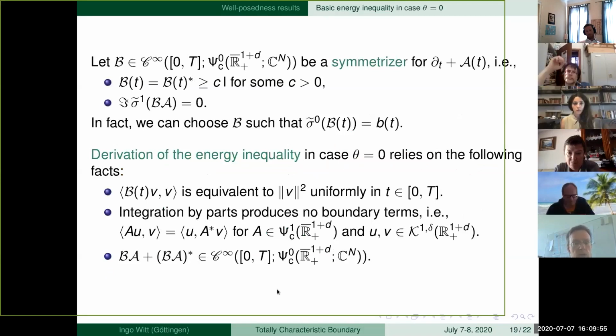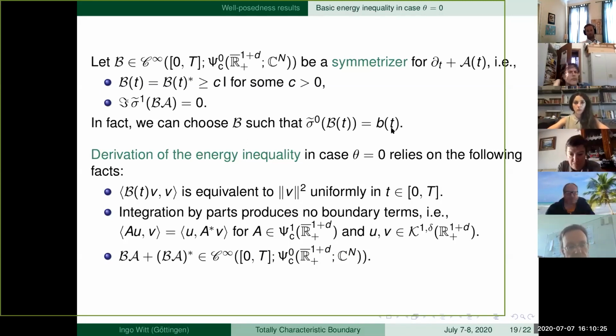For the first step, one uses a Gårding inequality to turn this symbolic symmetrizer into a true symmetrizer for the system. So that is here the same condition as before, but here it's just that this is basically positive definite for every T. And so we can choose such a B, which is given by the principal symbol.